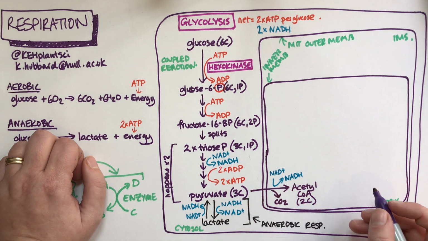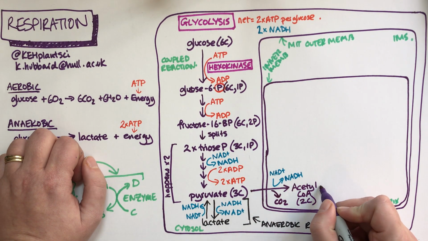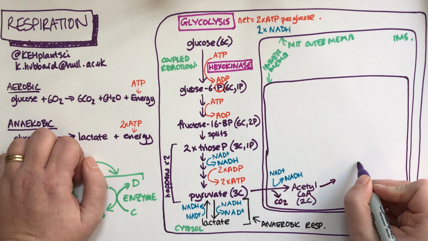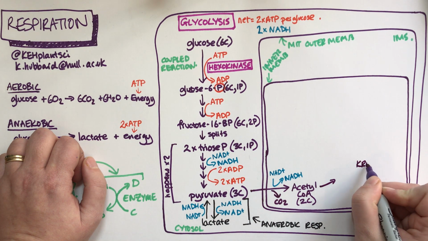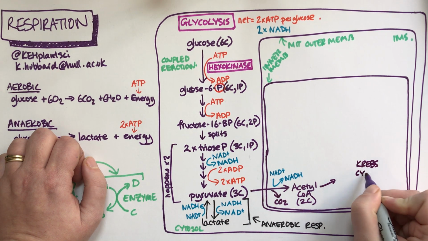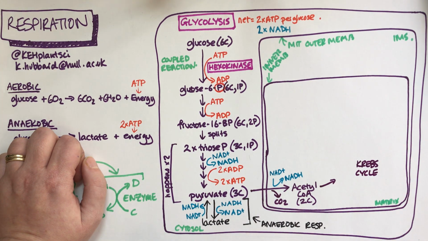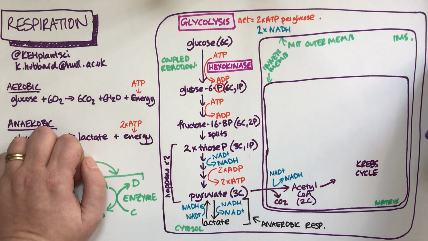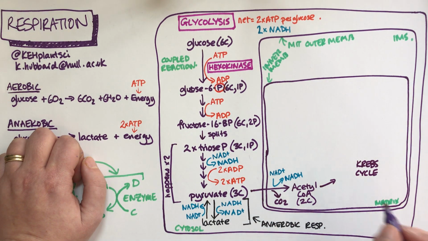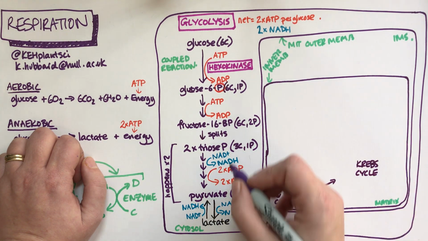So once we've got acetyl-CoA, we can go into a process that you may have heard of before, which is the Krebs cycle. It's also called the citric acid cycle or the TCA cycle. It's the same thing. Okay. And again, you'll probably find other videos on the internet that will go through all of the reactions in the Krebs cycle. I don't want you to be thinking about all of the individual reactions.